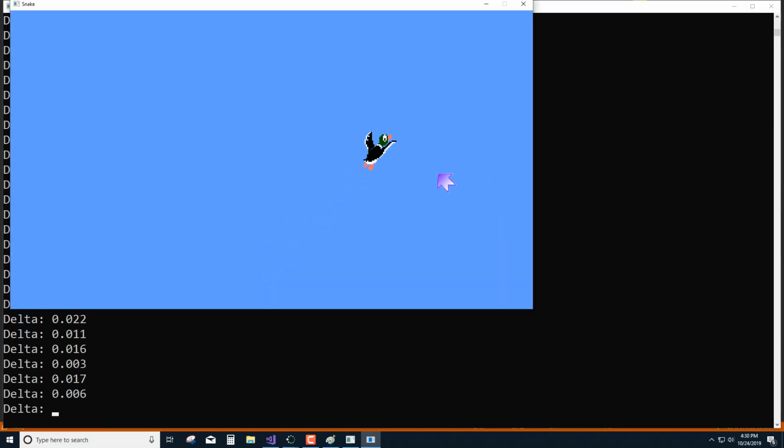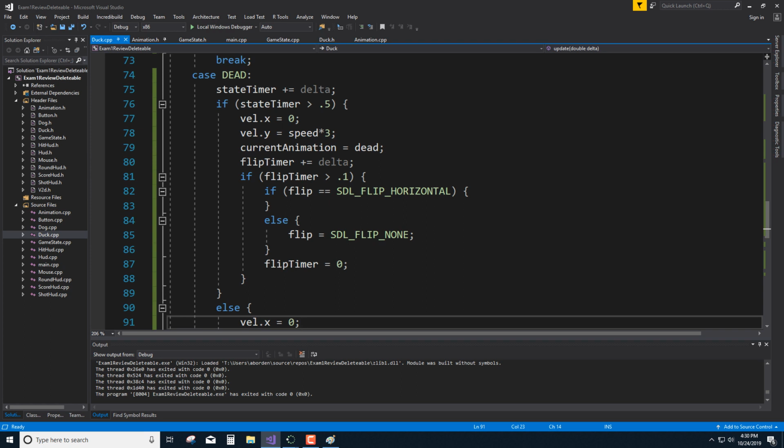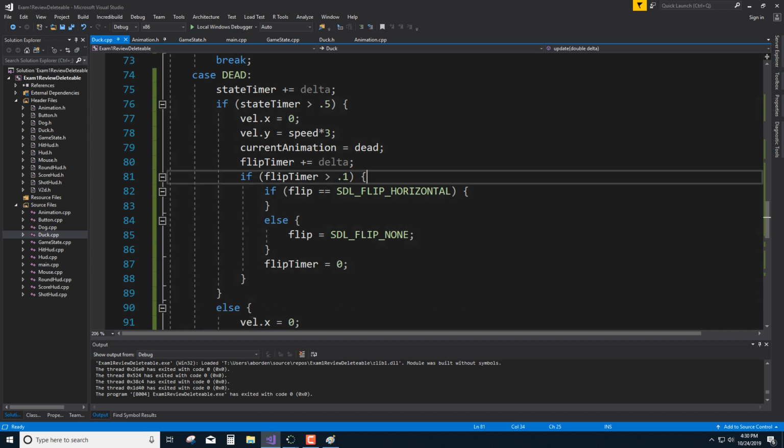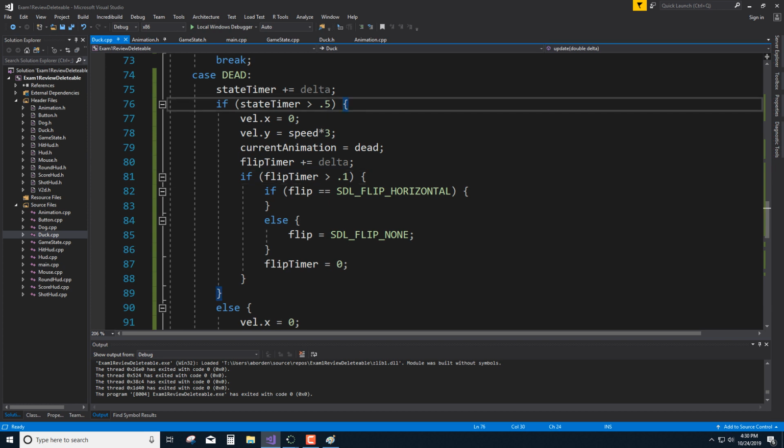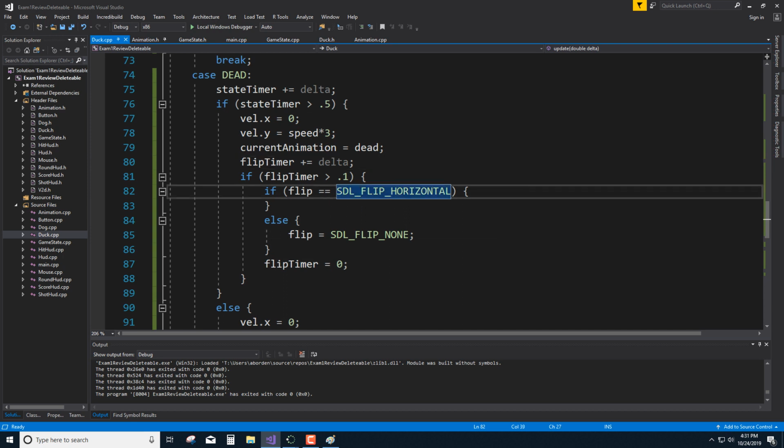Nope. I can't even shoot it anymore. No, that didn't work. What did I do wrong? It's in a loop. Oh, the problem is if he's already in the not flip state, this doesn't happen.